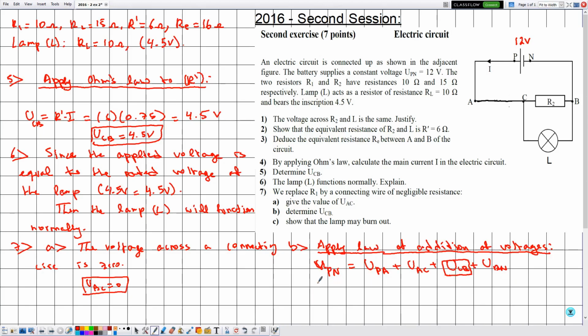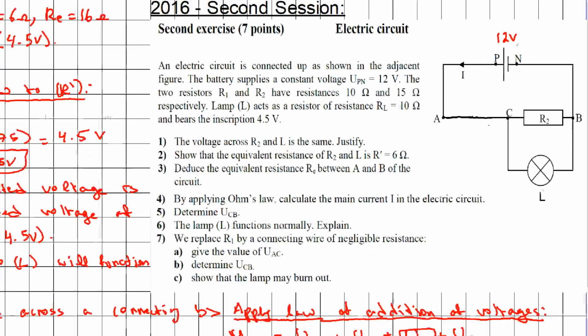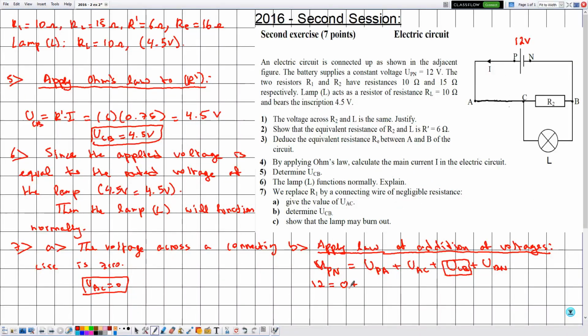Now UPN is equal to 12 given, and UPA is equal to 0 because across P and A we have a connecting wire. Notice that we didn't justify this previously, so here between brackets UPA is equal to 0, and the reason is given by connecting wire.